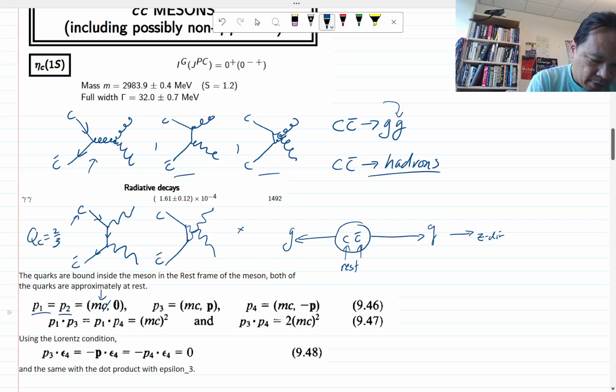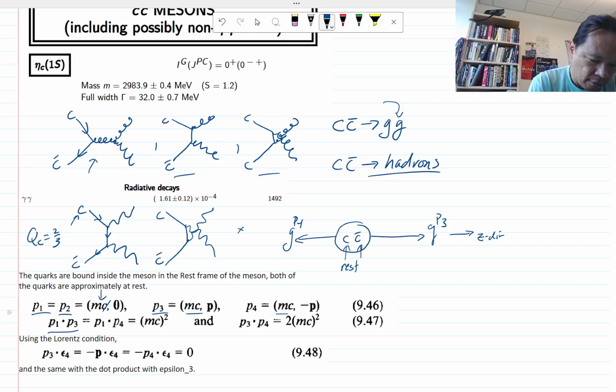Let's say this is P3, this is P4. We'll have whatever the mass of that particle is, in this case the gluon, times the momentum. And P4 will be the mass of the gluon times the momentum. Then we can compute a bunch of dot products.